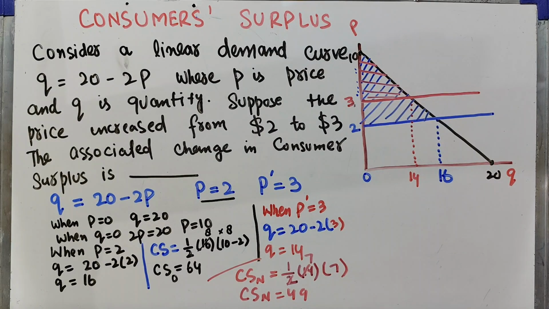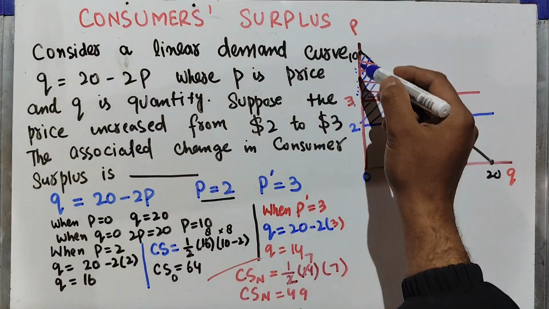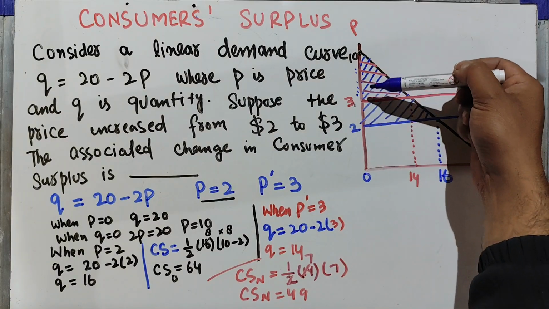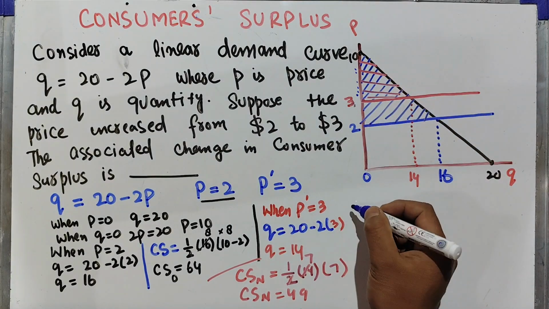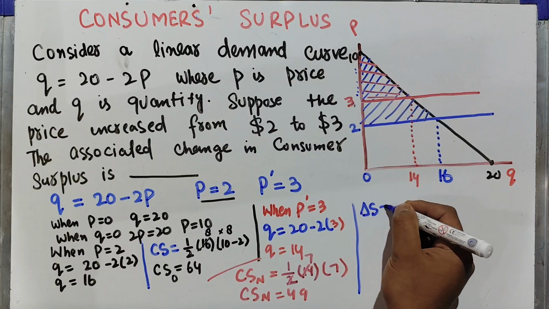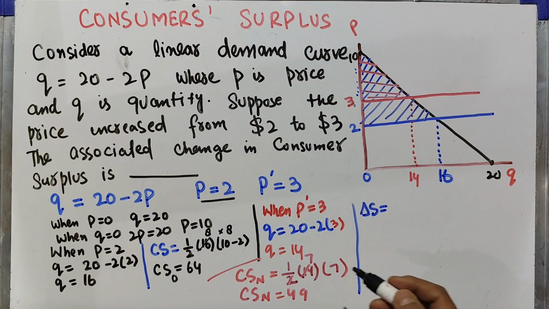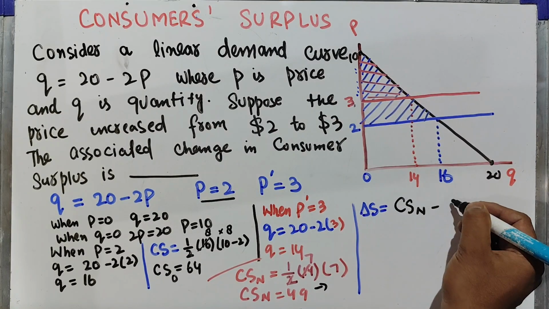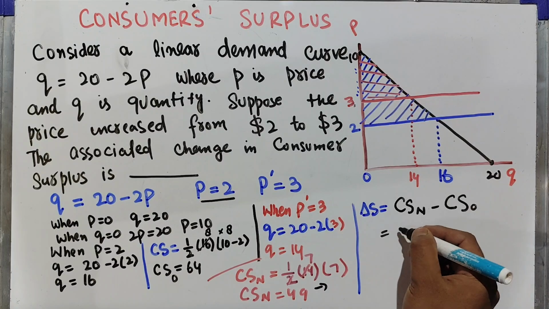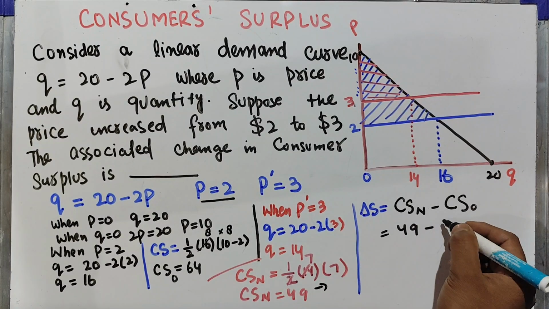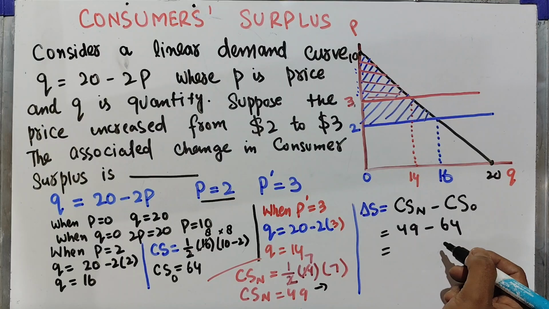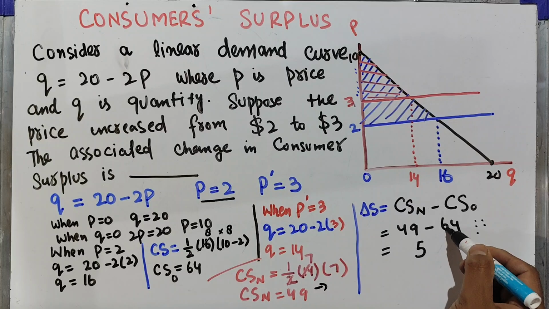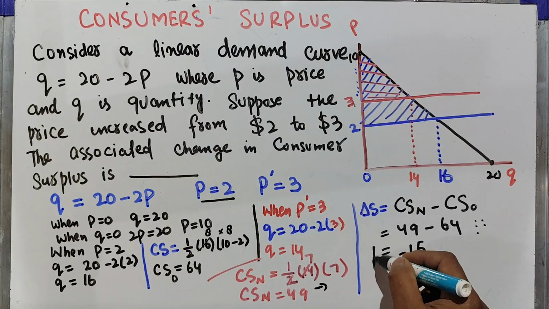Now what is the change in the consumer surplus? Initially this whole triangle was our consumer surplus. Now it has shrunk to this small triangle. Now the change in the consumer surplus will be equal to the new consumer surplus minus the old consumer surplus, which is 49 minus 64, which comes out to be minus 15.